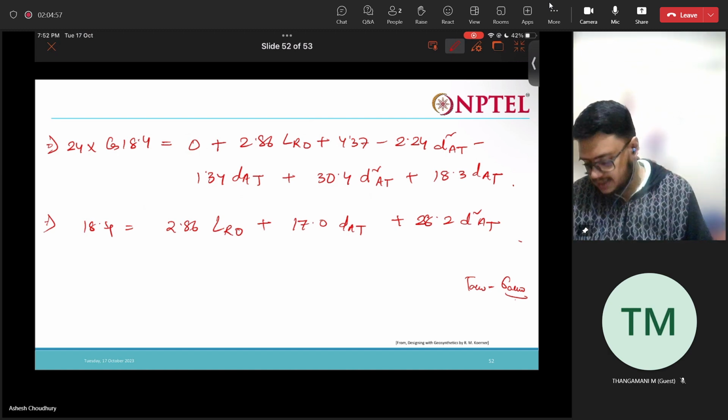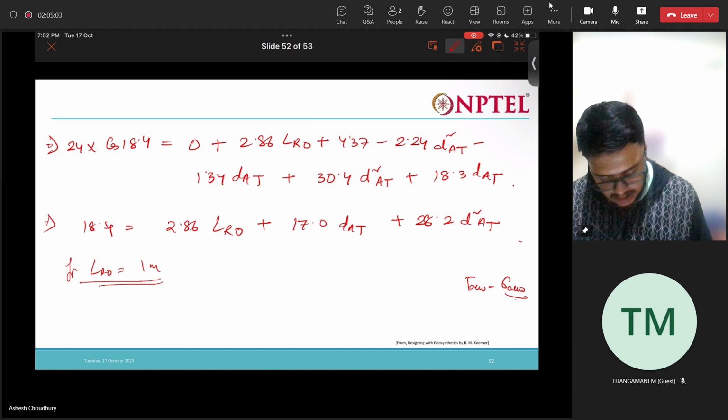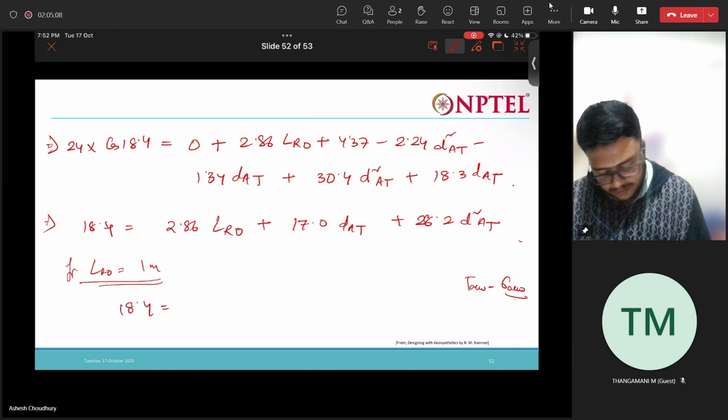First let us see that for LR naught equal to 1 meter, how much DAT we are getting actually, how much depth of trench is actually required.